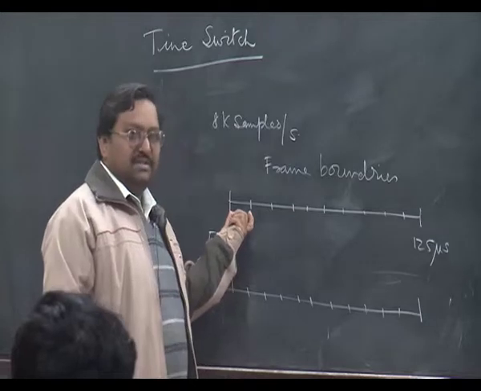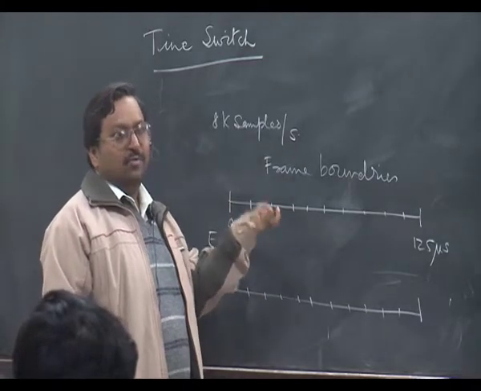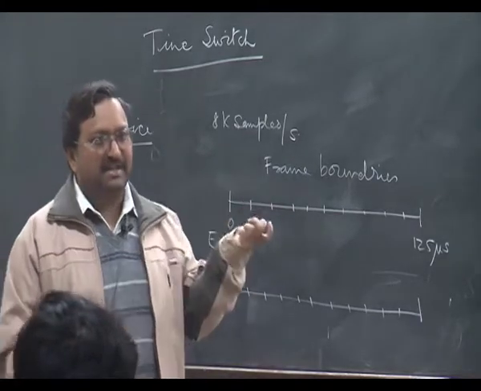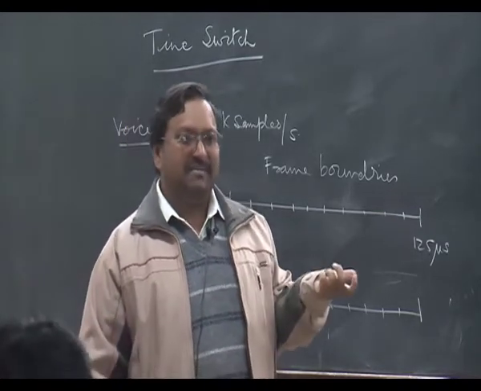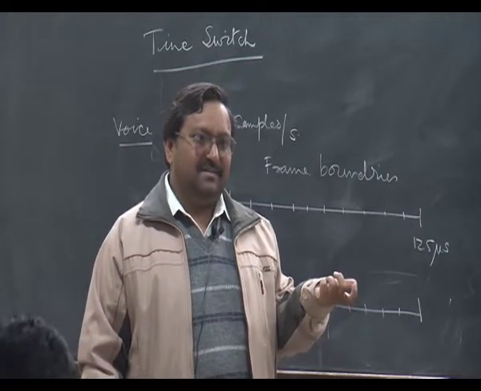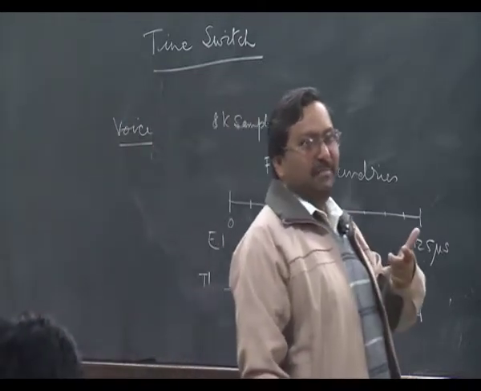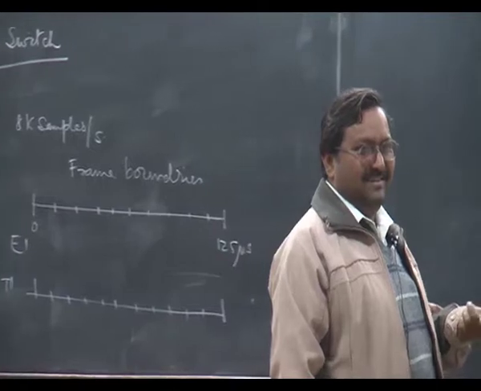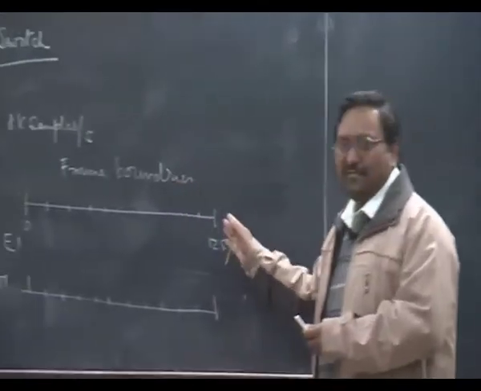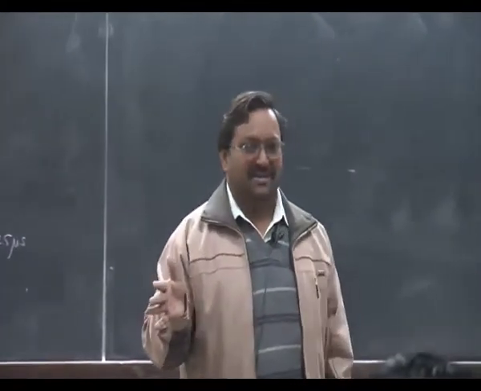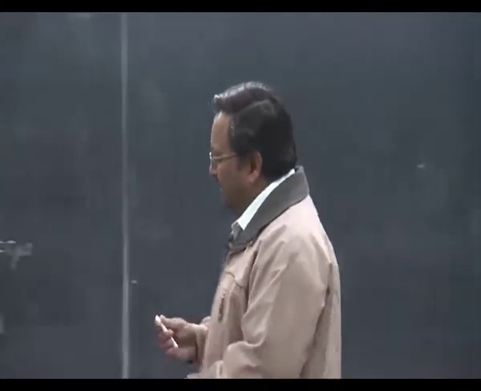You have to push in 32 8-bit octets in a 125 microsecond duration, because every person who is talking over the phone is going to generate one voice sample every 125 microseconds. So you have to give him a chance again. The frame has to be over within 125 microseconds. You cannot stop.